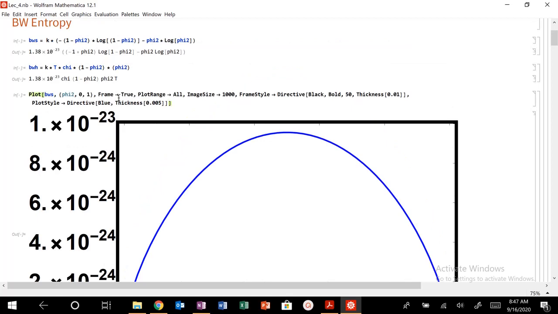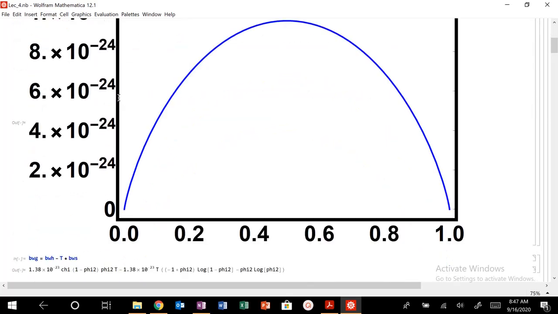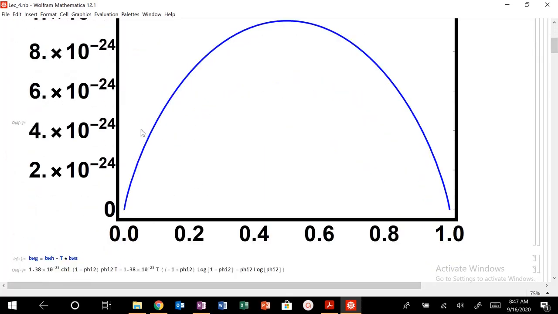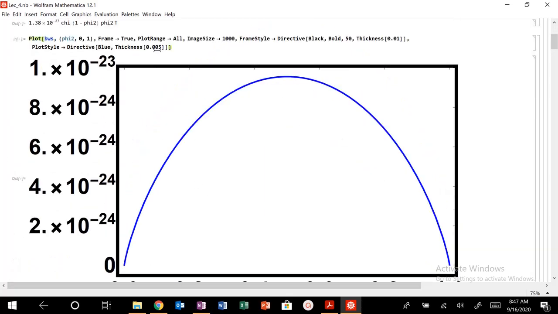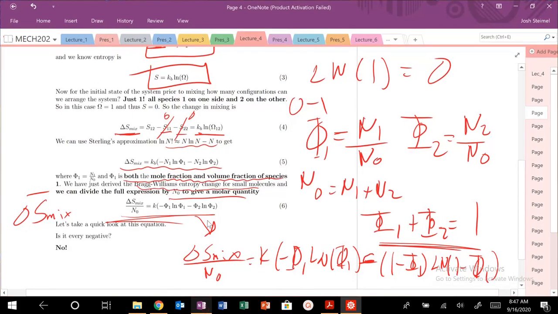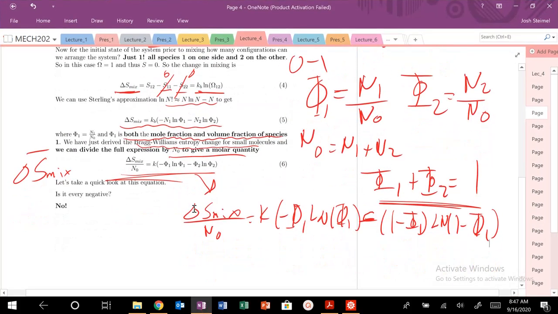Can I ever have a delta S of mixing that's negative? Again, my phi2 can only vary from 0 to 1. No. If you go through this expression, it is never negative. So again, that's going back to the start of this lecture. We said that the driving force for mixing is always going to be entropic.